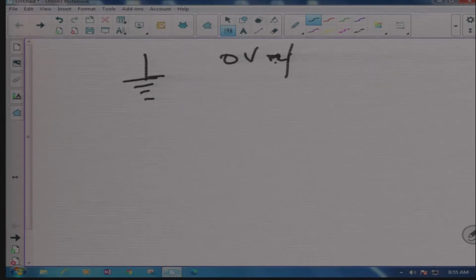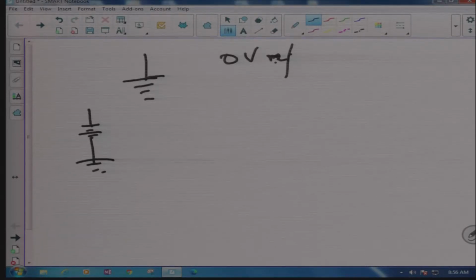Now, to make a better example of it, we'll put a battery onto that ground. There is our battery, and we have connected negative to ground. What does it mean? It means our voltage would be positive all over.